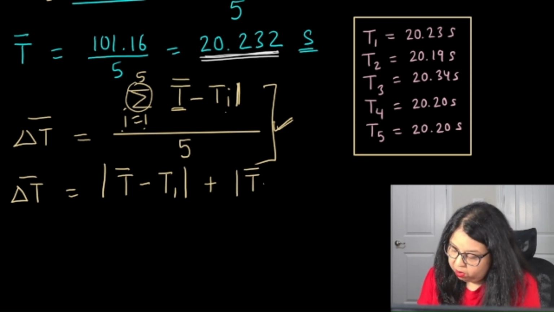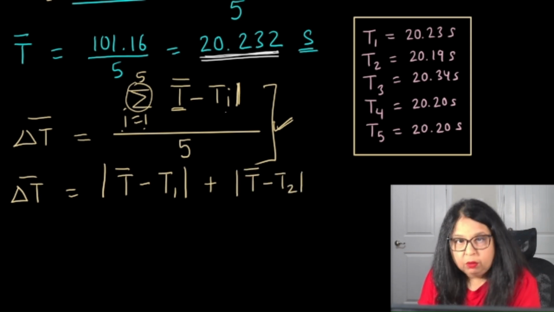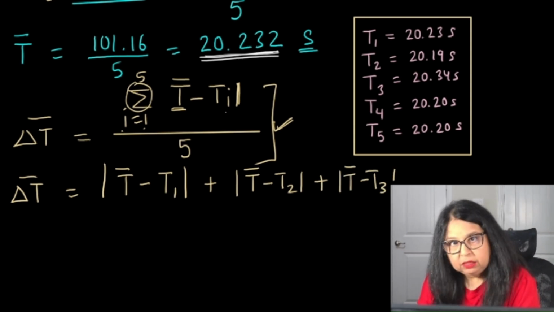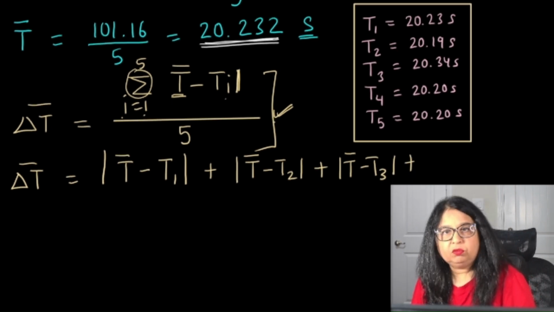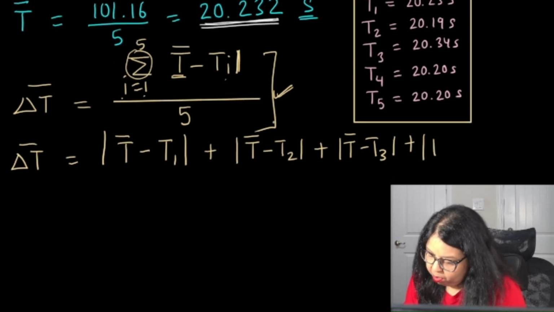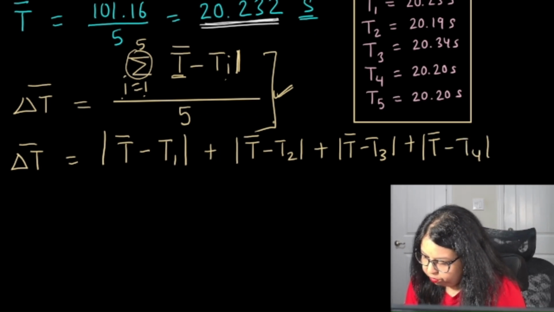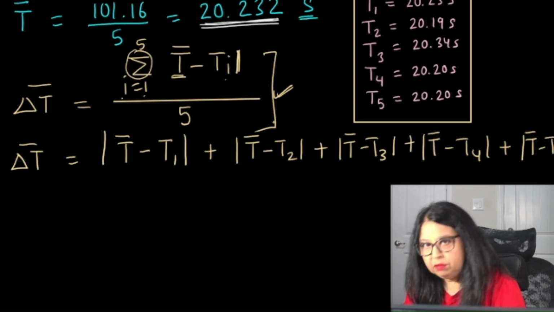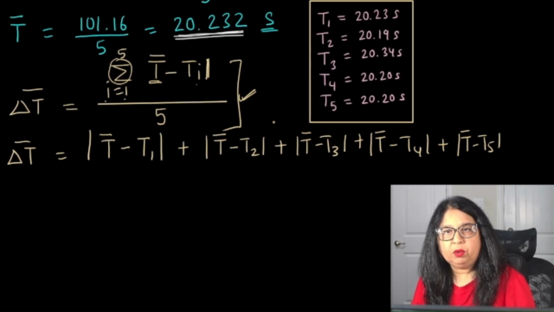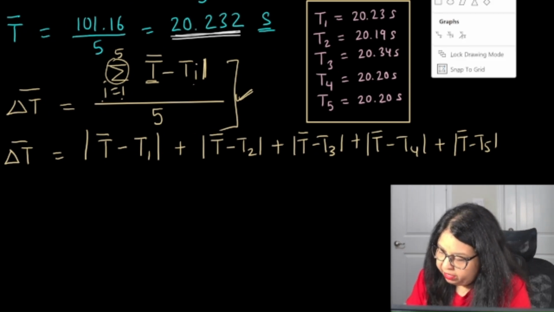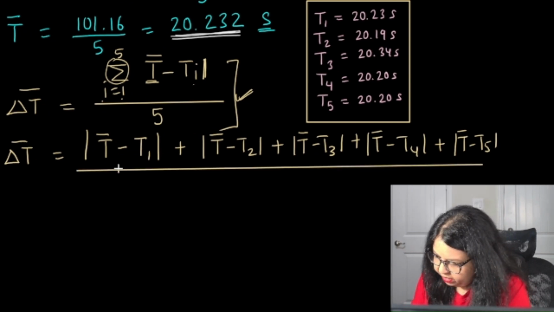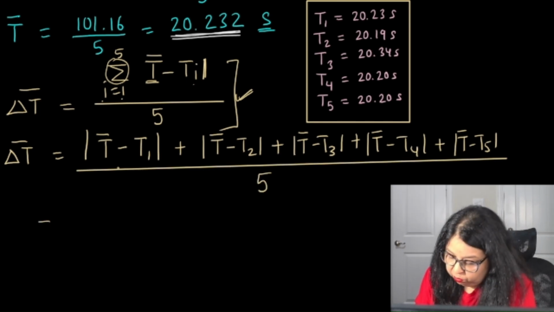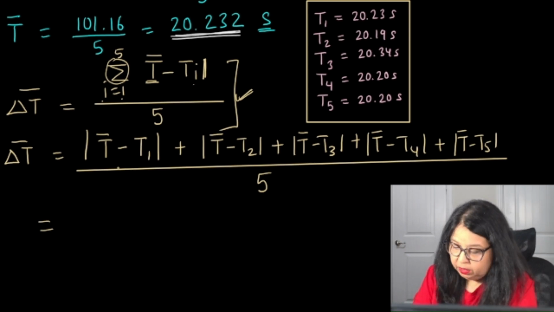Next value, t bar minus t2, plus t bar minus t3, plus, let's scoot it up, t bar minus t4, plus t bar minus t5. Okay, here we go. Now it fits. Divided by what? 5.